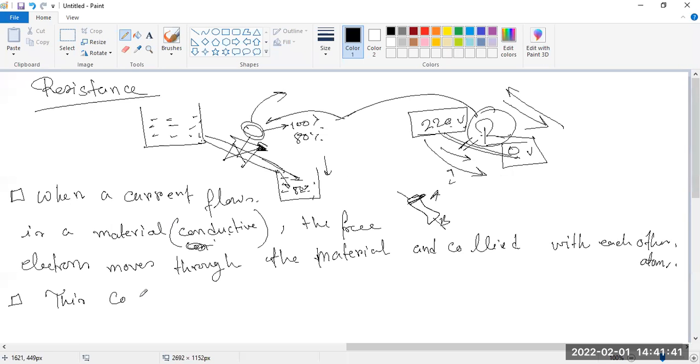This collision causes electrons to lose some of their energy.